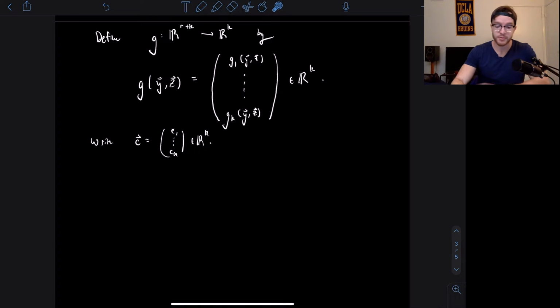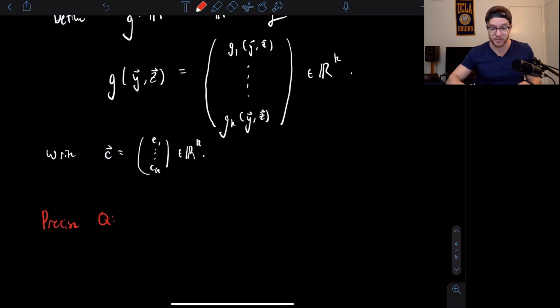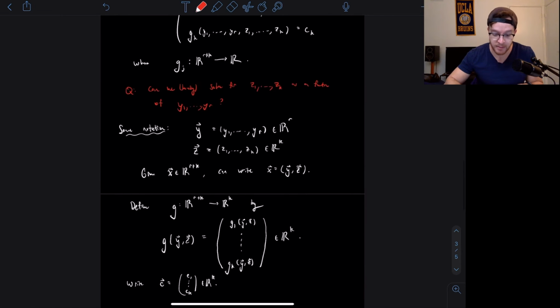Okay, with all of this new notation, here is the question that we want to answer using the implicit function theorem. So here's the precise question, which is a direct generalization of the first precise question that we did with the circle. Sorry, let me back up.